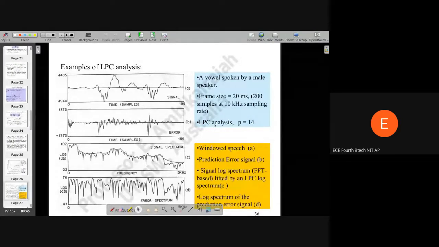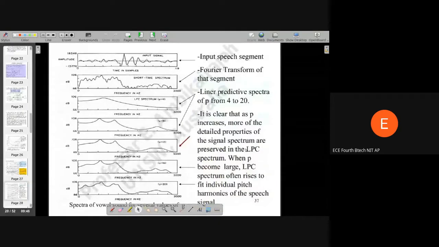There is an example where we find that LP analysis is able to give us the envelope of the spectrum of the speech signal, whereas the LP residual that we get from LP analysis shows peaks at around the pitch periods of the voiced regions of the speech signal. So these are the things we discussed.